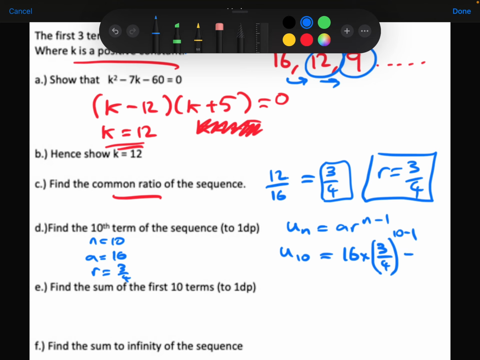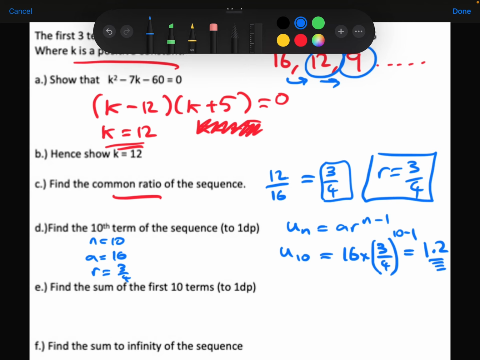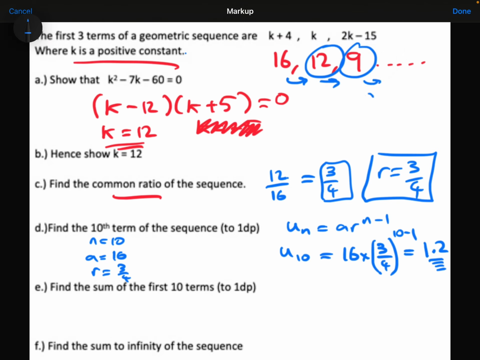If I type that into my calculator, I find that the 10th term to 1 decimal place is 1.2. That would be the 10th number in this sequence. If I kept multiplying by 3/4, once I got to the 10th number to 1 decimal place, it would be 1.2.